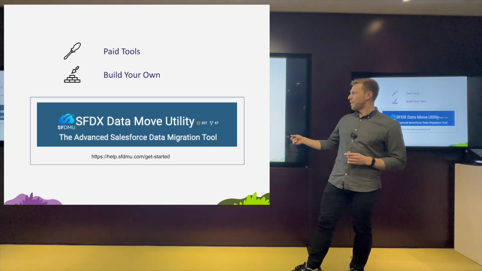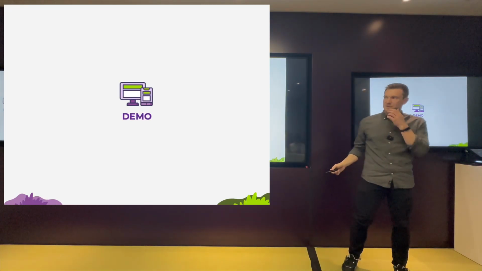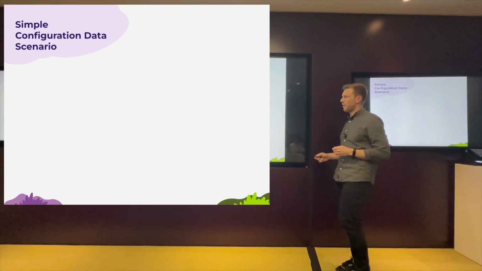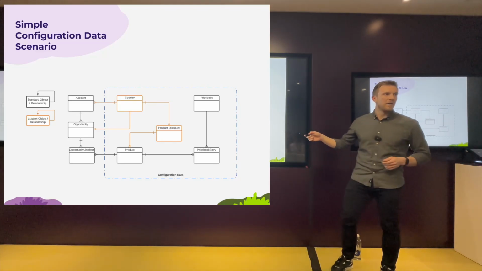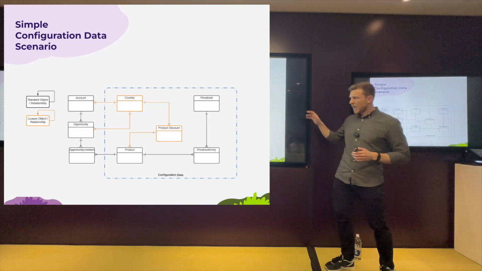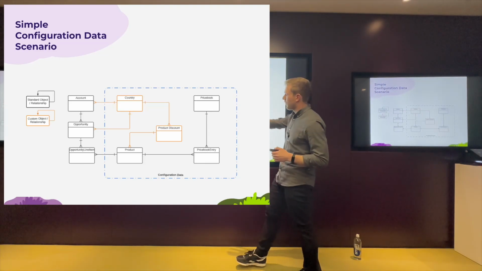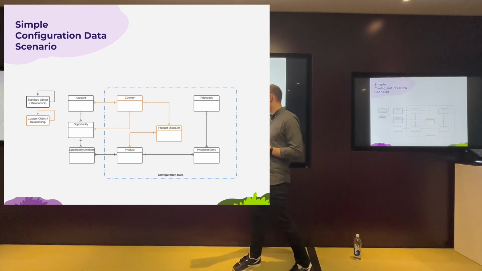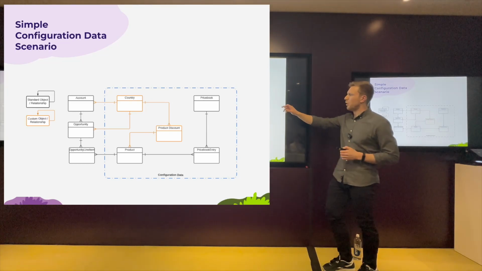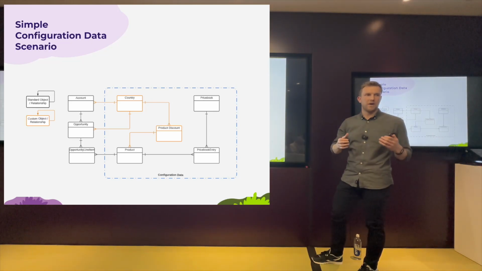So I've set up a demo on this, but just before I jump into it, I set up a really, really simple scenario. So I've got an ERD here that I've set up in an org, and it's just based on Sales Cloud. So we've got our transactional data over here, our accounts, opportunities, opportunity line items, and then everything within the blue box is essentially my configuration data.